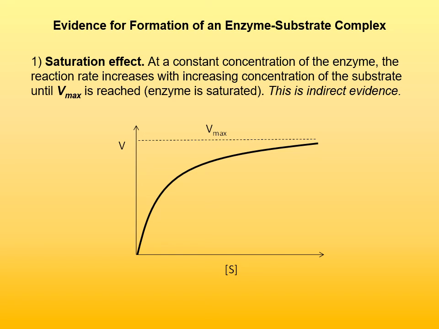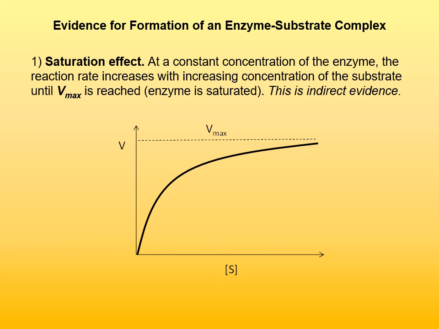If we add more substrate, then more of the molecules of enzyme are involved in catalysis, and reaction rate is faster. And as we keep on increasing amount of substrate, more and more of the enzyme is used up to form enzyme-substrate complex, and reaction rate is faster and faster.